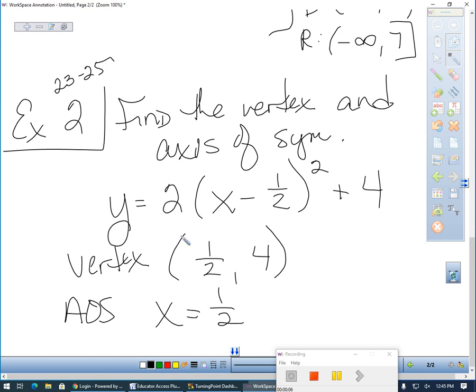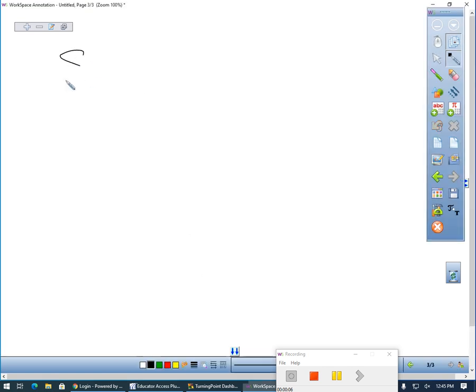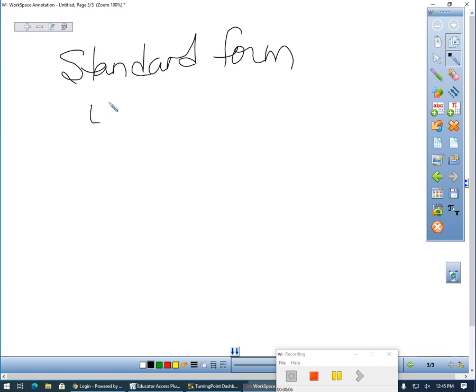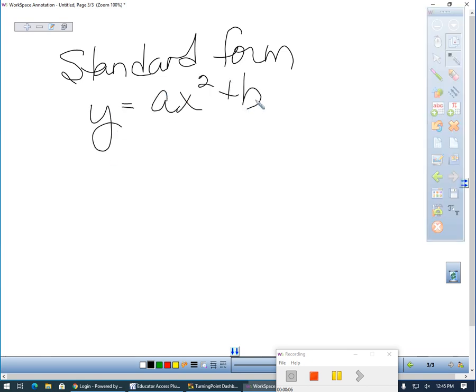Okay, so now here's what I want to remind you of. Let's talk about standard form. In standard form, which we said was y equals ax squared plus bx plus c, how do we find the vertex from this?